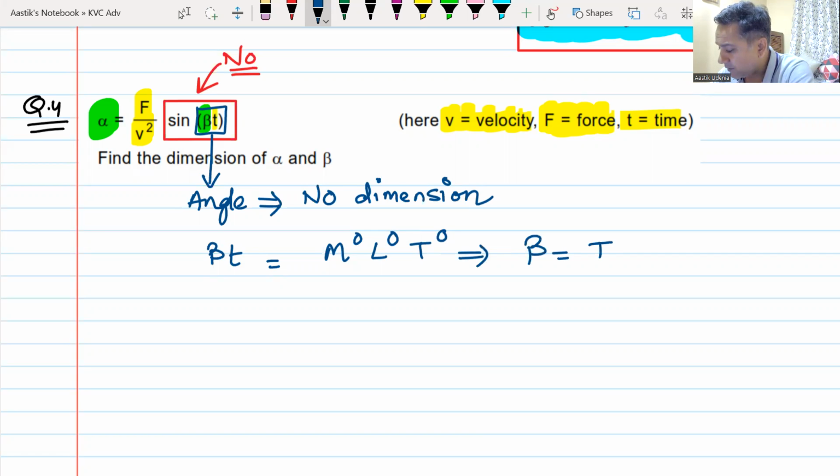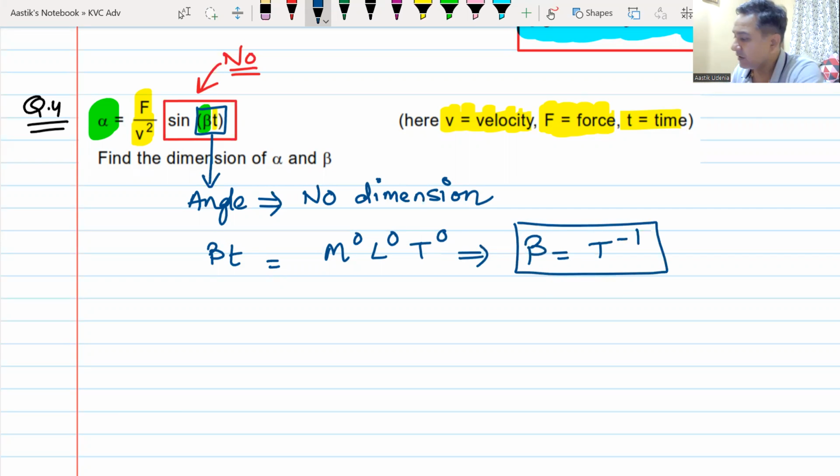So it should have dimension of t raised to the power of -1. You can call it angular frequency or angular velocity or whatever. So beta has a dimension of 1 by t, or t raised to the power -1.